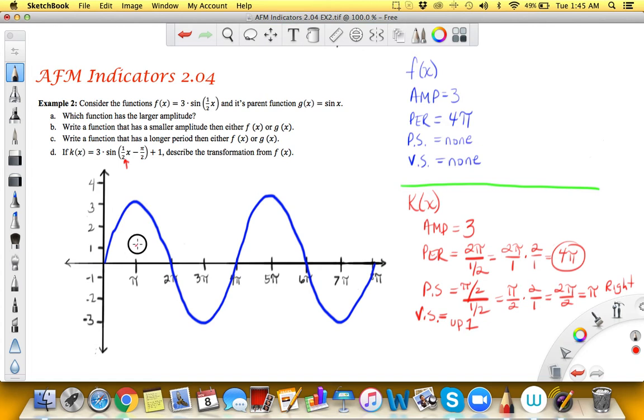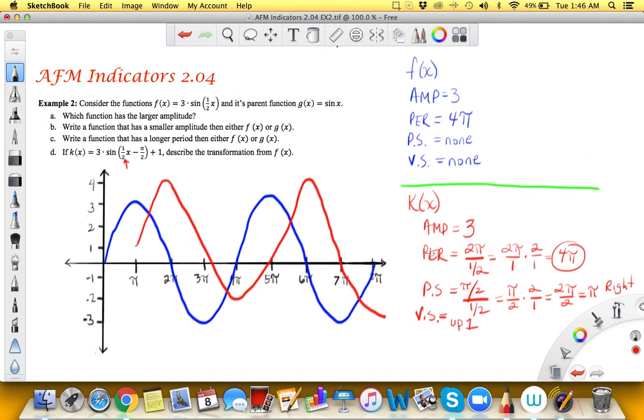So from here we're going to go up to 4 and back down to -2. Okay, and then we're going to come back up here and come back down here. All right, so that's how that graph looks.